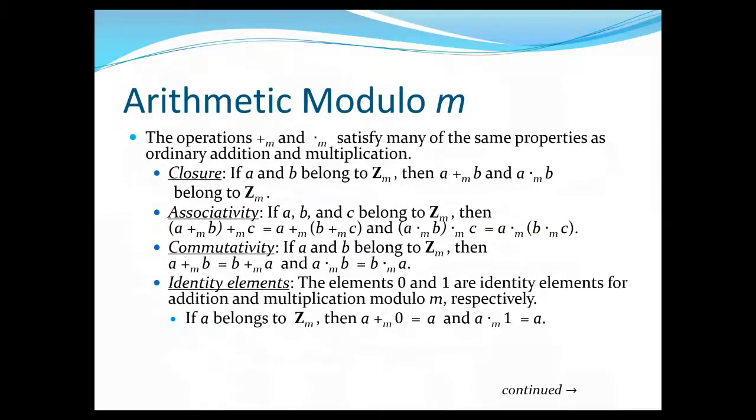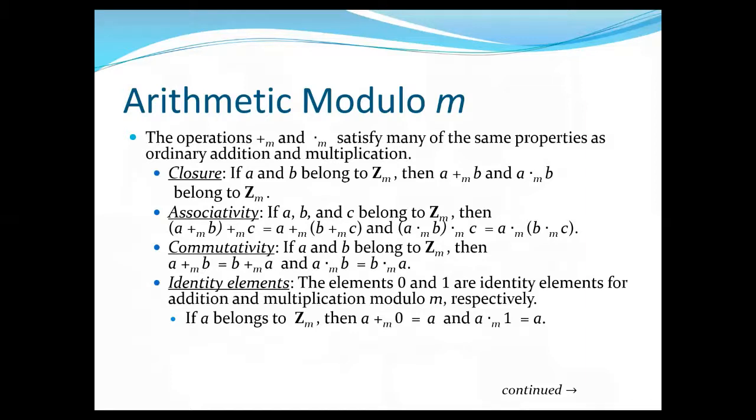And these are some of the properties or rules that we could apply in arithmetic modulo M. Closure: if A and B belong to Z sub M, then A plus M B and A times M B belong to Z sub M. So basically it's just a definition.